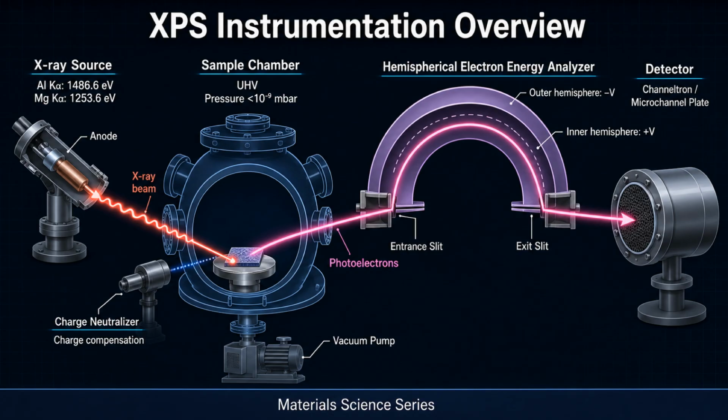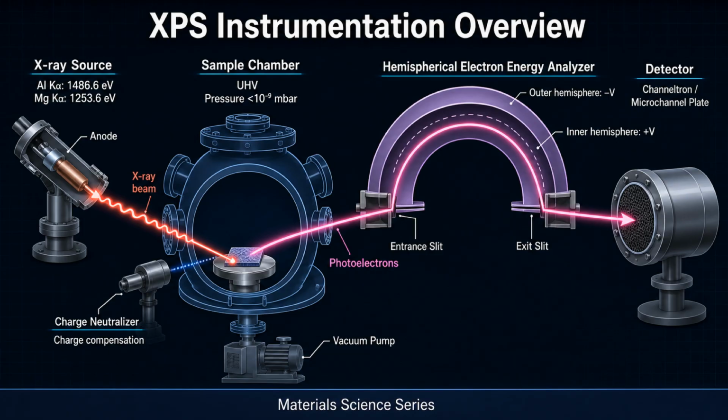The X-ray source typically uses aluminum or magnesium anodes, producing characteristic X-rays at 1486.6 eV or 1253.6 eV, respectively.